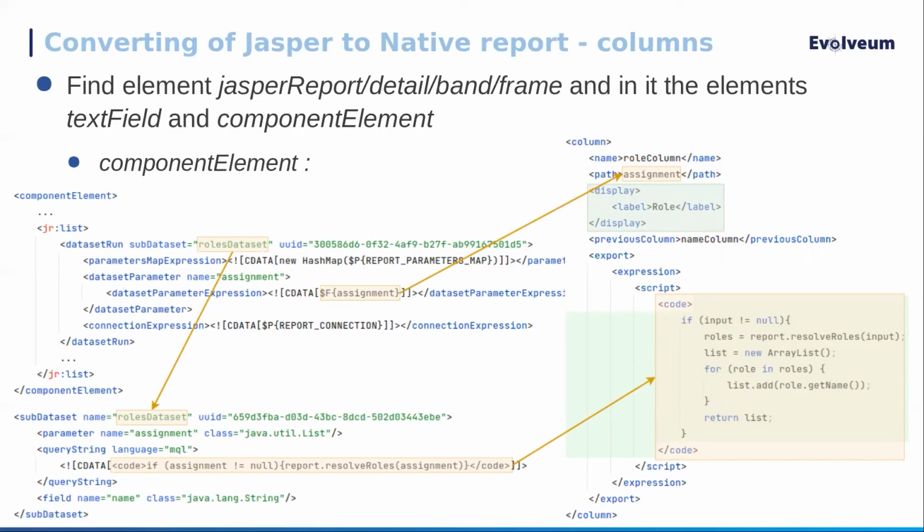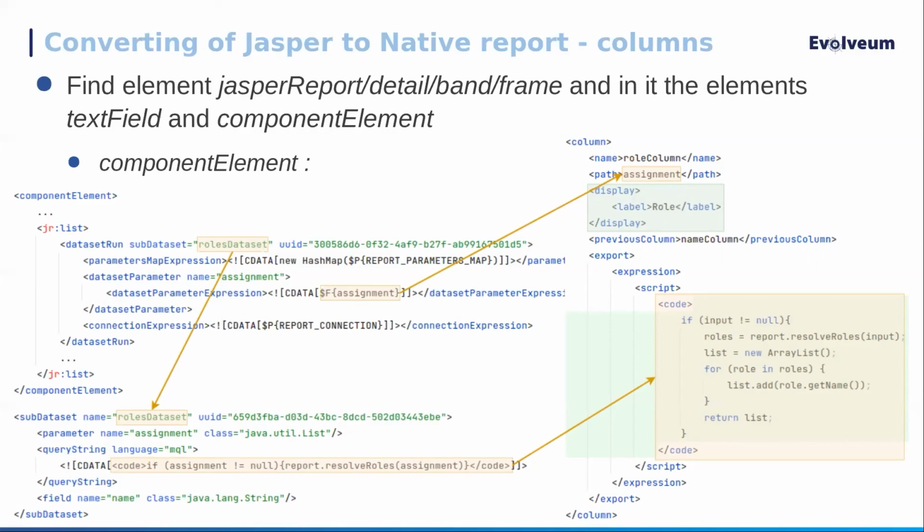In our example, we added code to return only the name of resolved rows. As part of the new column, we use the value of the dataset parameter expression. In the example, it is assignment. As the last step, we add a label for the new column because we are reporting only rows, not all assignments of the user.